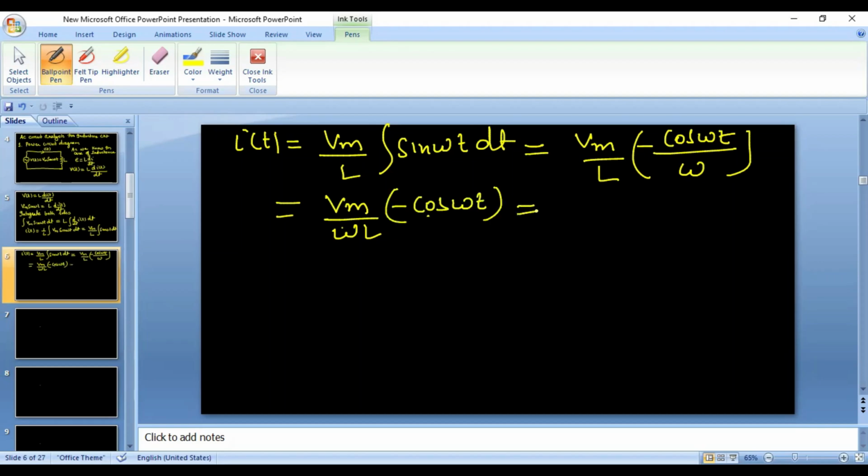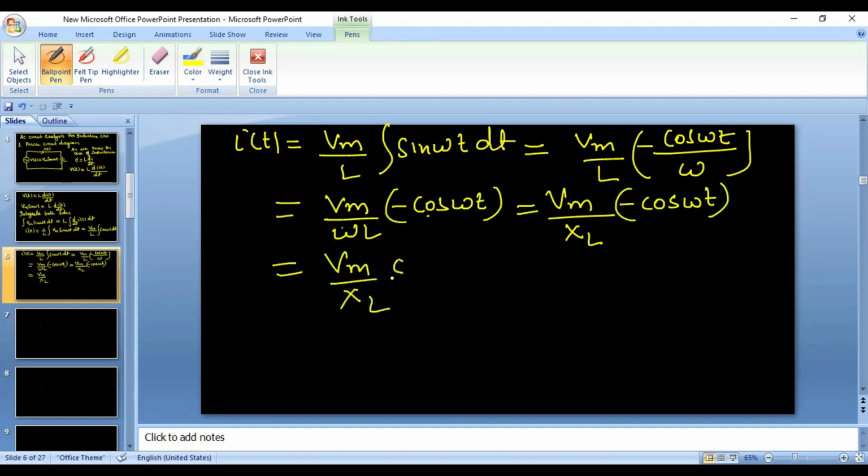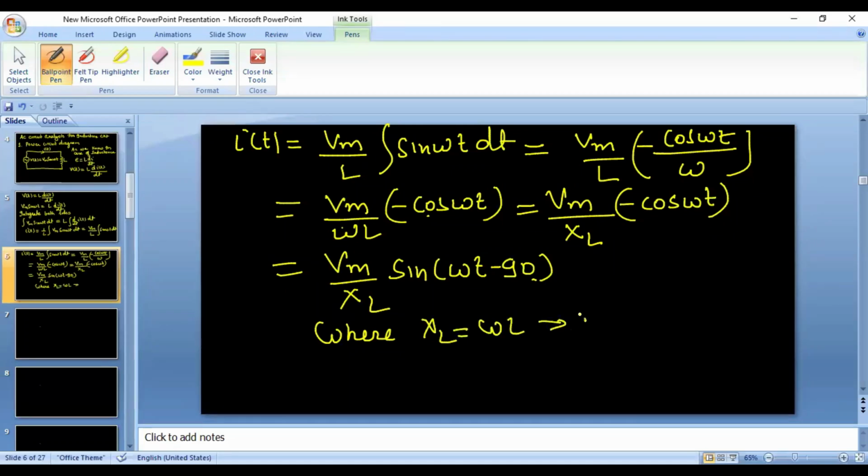Now, omega L is nothing but the inductive reactance. So in place of omega L, I can write XL, times minus cos omega t. Now, minus cos omega t I can write as sin of omega t minus 90. So you can see here that XL is equal to omega L, and this is nothing but the inductive reactance.